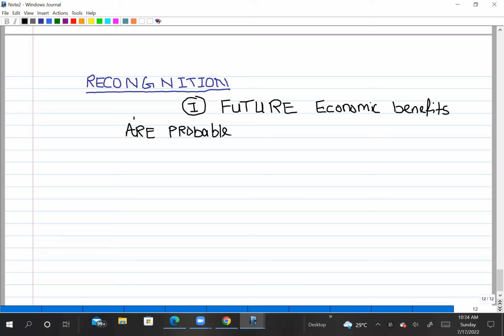From the expenditure which we are incurring, the future economic benefits the entity will get are probable.